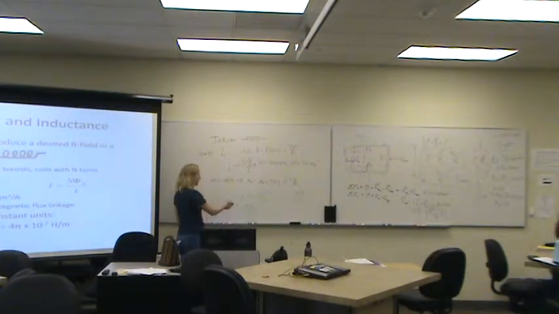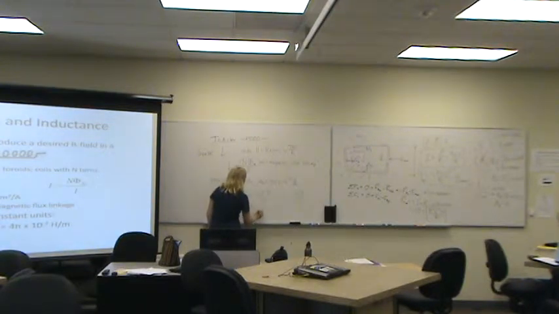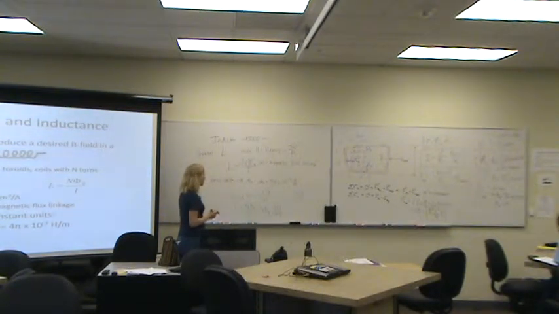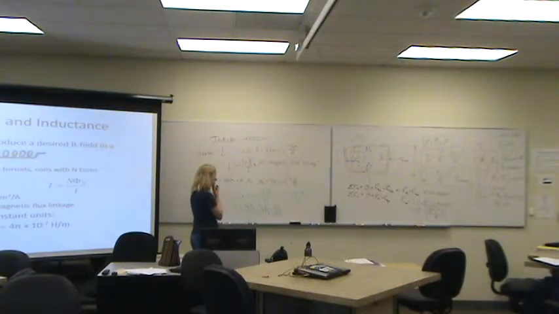Okay, yeah, we could plug that in for I. So then we'd have N times the flux times mu naught N over 2 pi r b. Anything else we can do? So I'll go back to this slide for the solenoid.